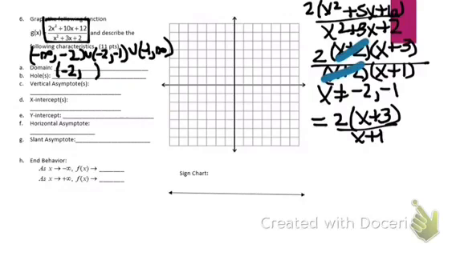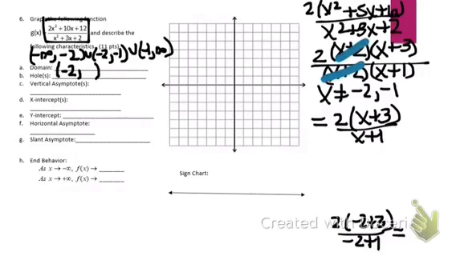Okay? So, -2. If I plug that in, I'm going to do it down here in the corner. It'll be 2 times -2 plus 3 over -2 plus 1. That is going to be -2 plus 3 is 1. 1 times 2 is 2. 2 over -2 plus 1 is going to be 2 over -1.